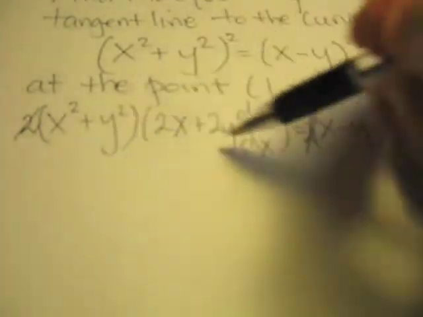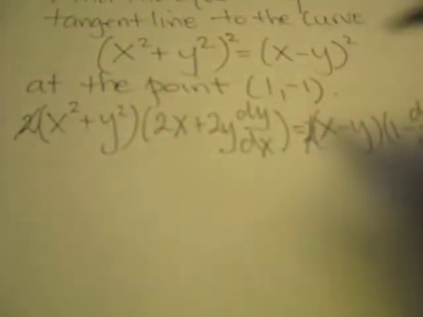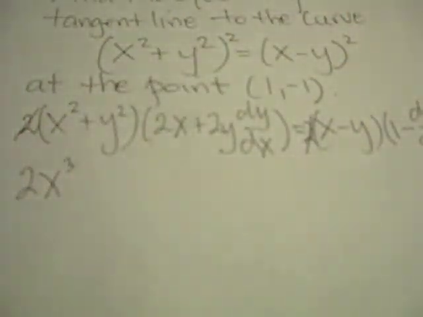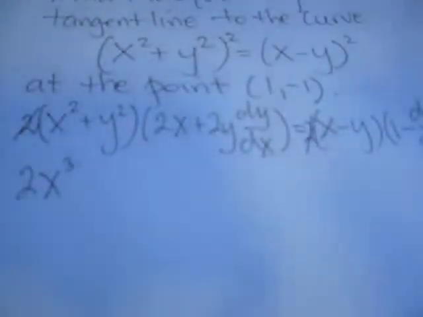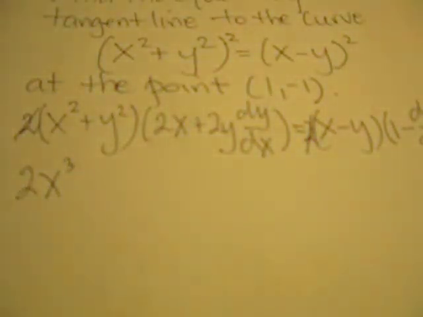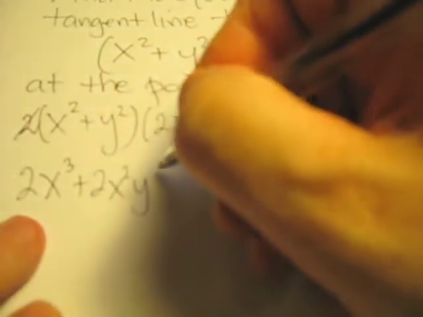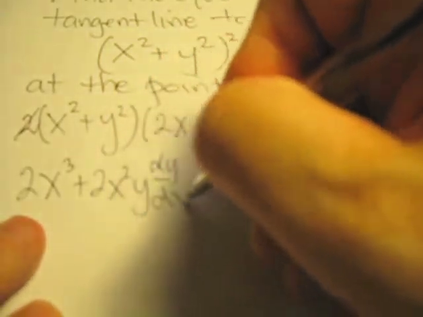We're going to now apply the FOIL method to expand out the parentheses so that we can start to collect together the dy on dx's on the left side and everything else on the right side. So foiling this, we end up with 2x cubed, next plus 2x squared y dy on dx.